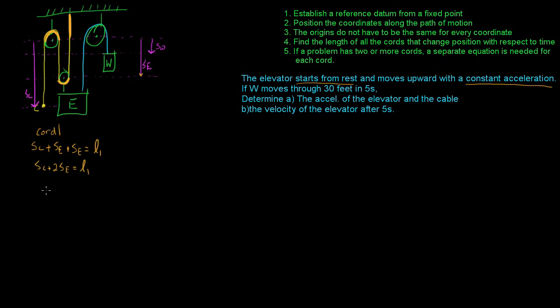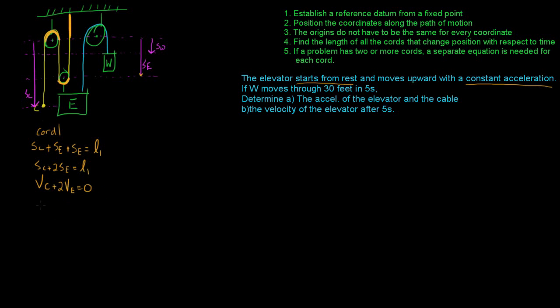And if we get the velocity, we have V_C plus 2V_E is equal to 0. This L_1 becomes a 0 because L_1 is a constant, and when we differentiate a constant, it doesn't matter what that constant is, we're going to get 0.